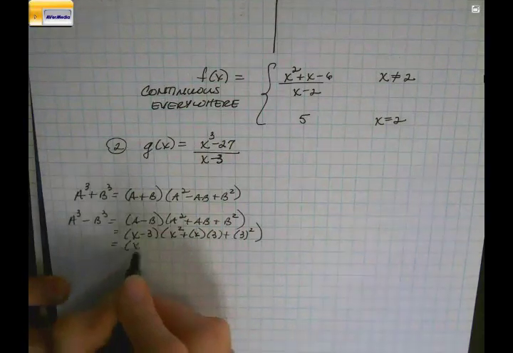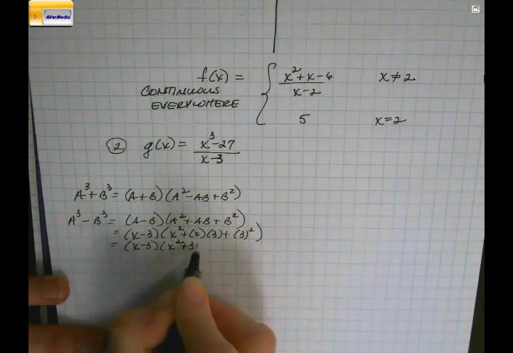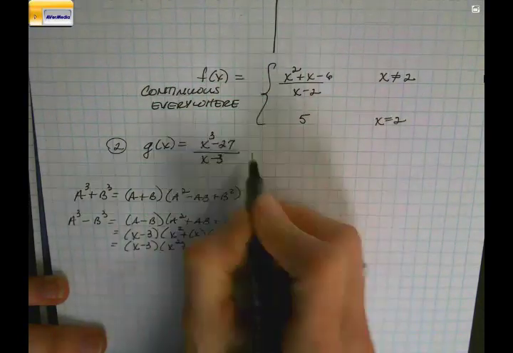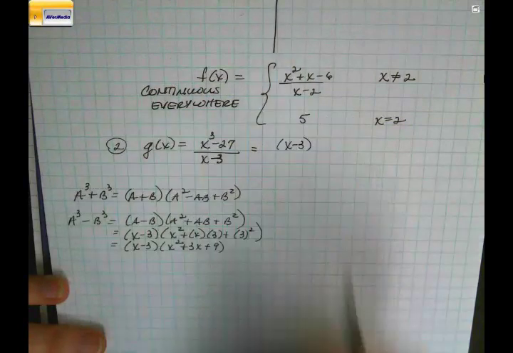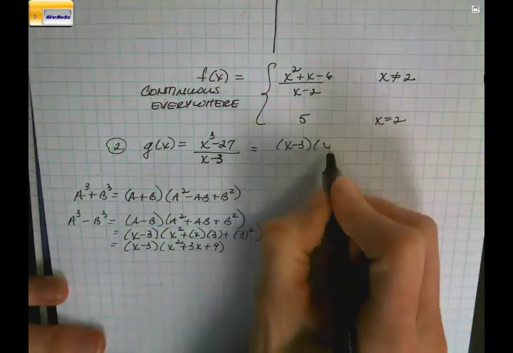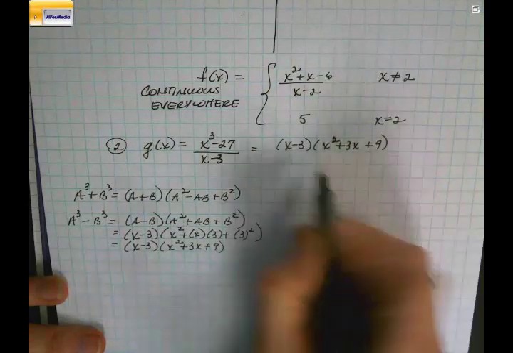So this is x minus 3 times x squared plus 3x plus 9.